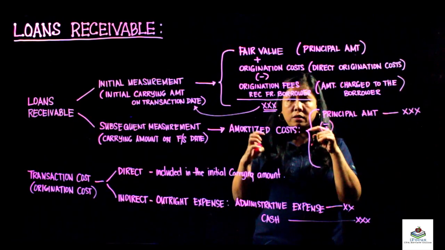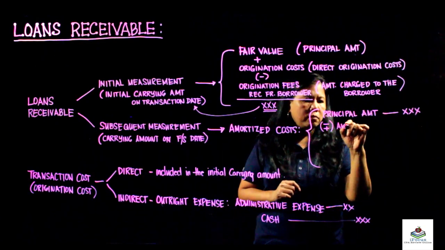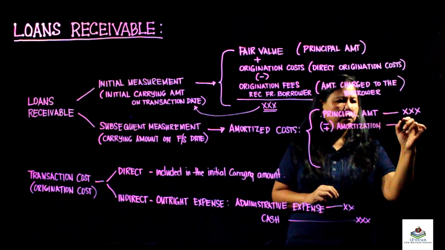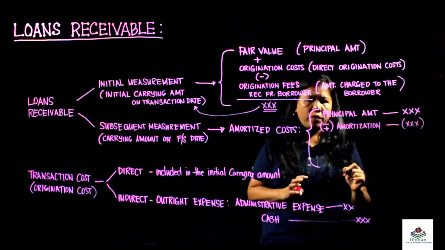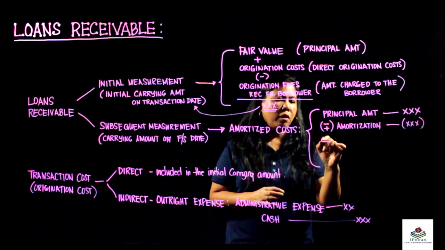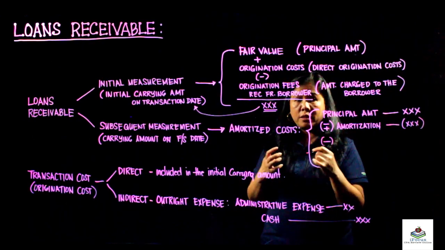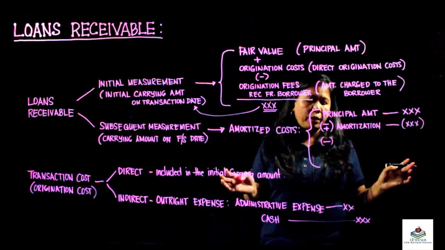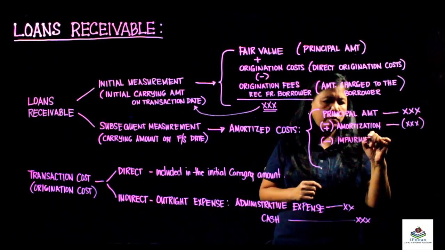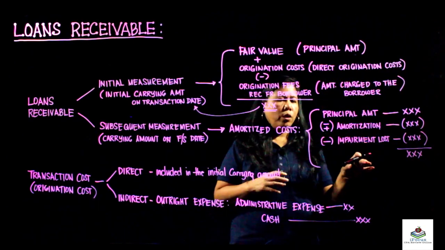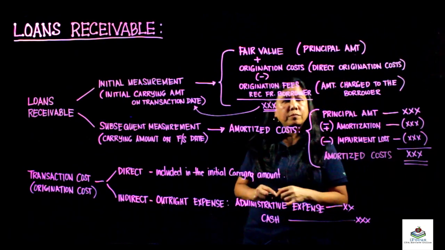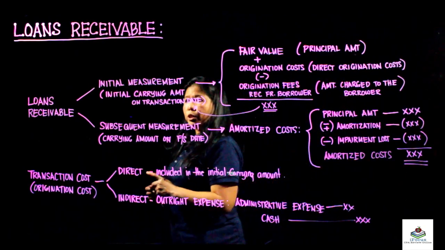I will discuss these amortizations in a little bit. Let's say that's a minus. Then we minus any impairment loss, which we are going to discuss in a separate video because it's a longer video lecture. Then the amount will be our amortized cost. All right, so this is our loans receivable.